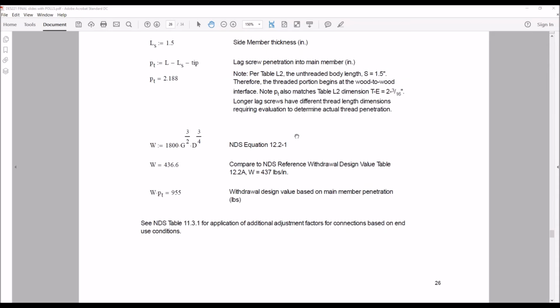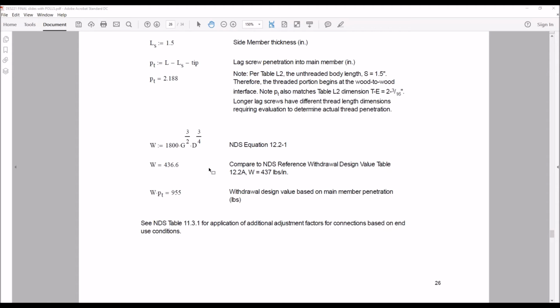Using NDS equation 12.2-1, this is the withdrawal equation similar to the one we saw for roof sheathing ring shank fasteners. It's got a couple of fractional exponents, but we can do that. We've got graphing calculators.